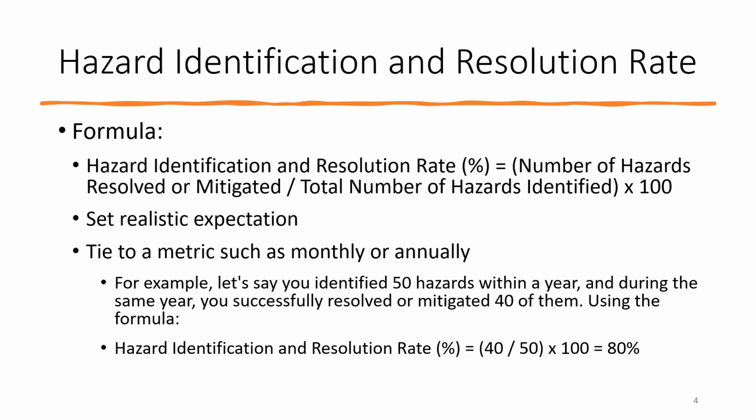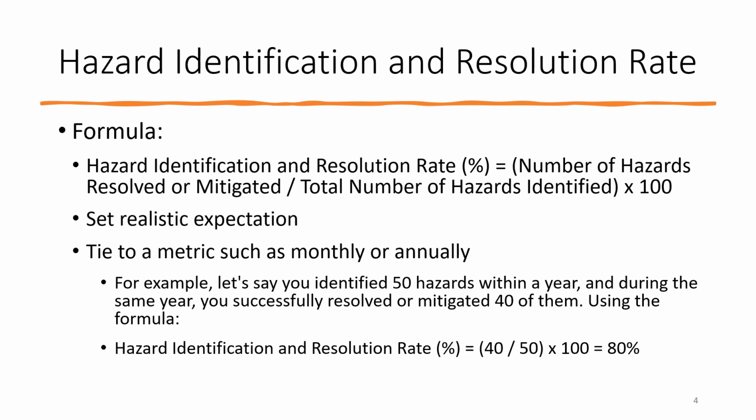Because you could identify five things, but if it takes you a couple weeks or a month for each thing, it's really hard to have a realistic number. You could have a number that's well into the 50% because it doesn't mean that you're not addressing the issue, but you have to have it completed to then say it's now done and now it counts as an item that has been completed.